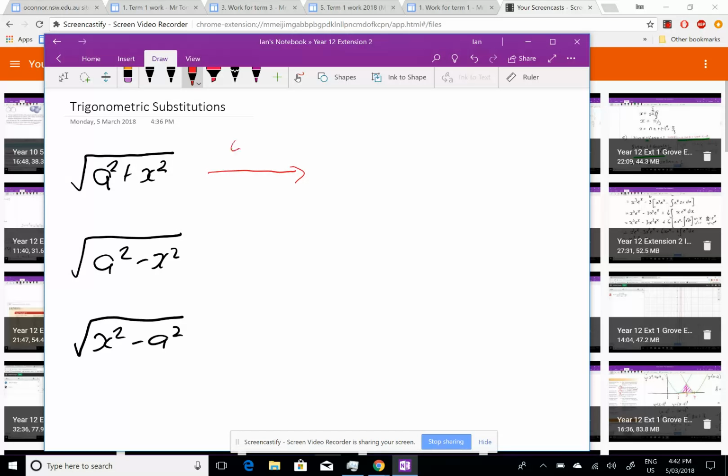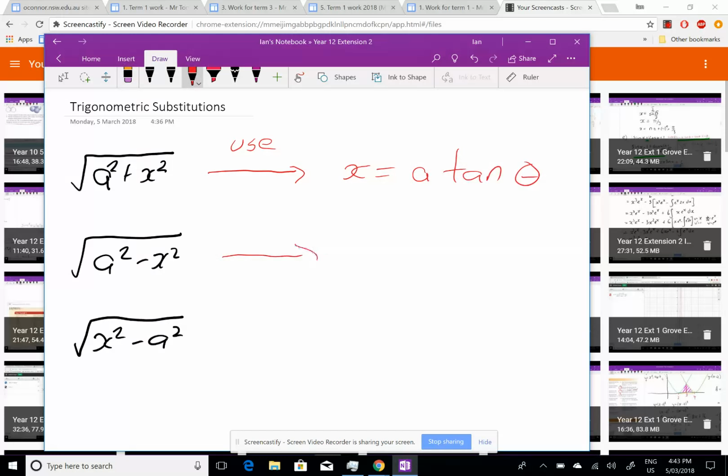I want you to think to yourself, all right, I'm going to use x equals a tan theta.